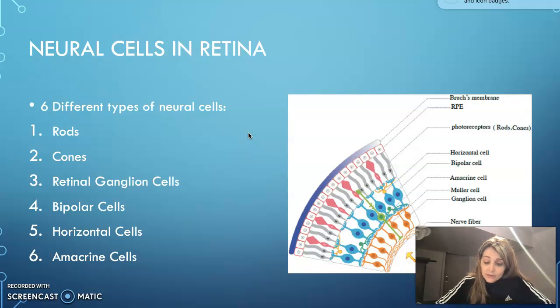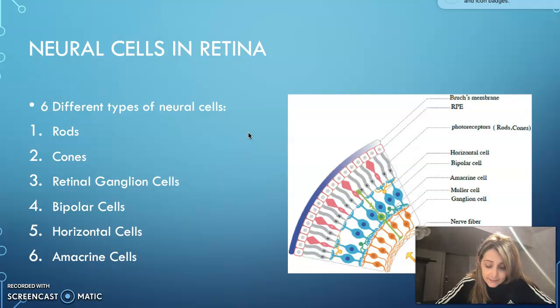Next, we have the horizontal cells. These are laterally interconnecting neurons having cell bodies in the inner nuclear layer of the retina that was mentioned before. They are responsible for modulating information transfer between the bipolar cells and the photoreceptors, and they help the eye adjust to both bright and dark or low light conditions.